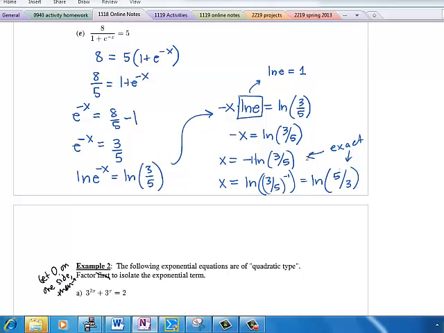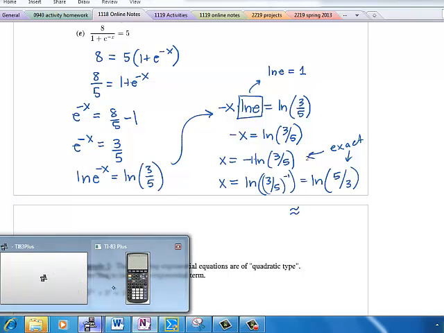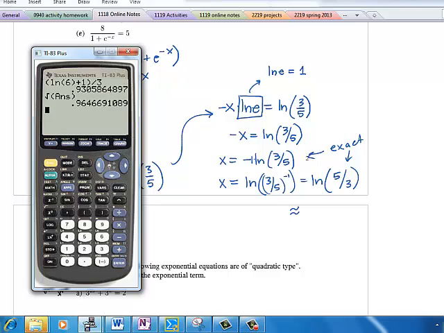So always maybe grab a calculator and type in your answer and then the answer that's given and see if they are actually equivalent, if they don't look the same. So there's our exact answer and then the approximate answer. Looks like 0.51.